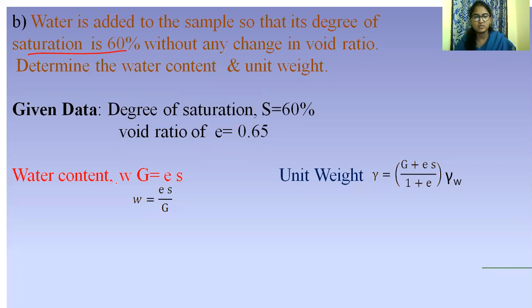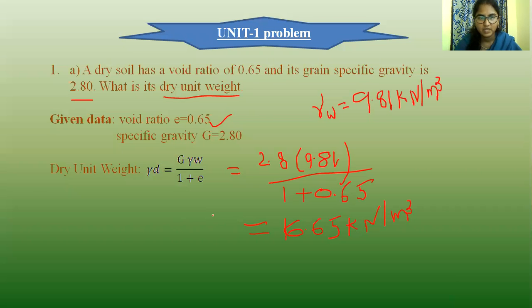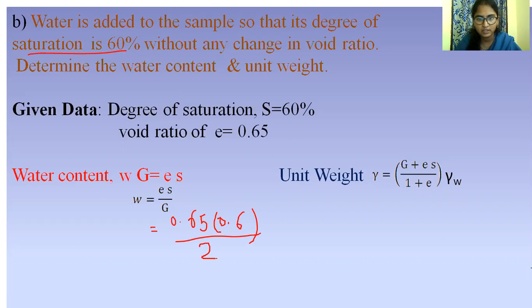Now we can take the water content equation: W into G is equal to e into S. Water content, specific gravity, void ratio and saturation. Substitute these values: void ratio 0.65 into saturation 0.6 divided by G, specific gravity, which is already given in the above case as 2.8.